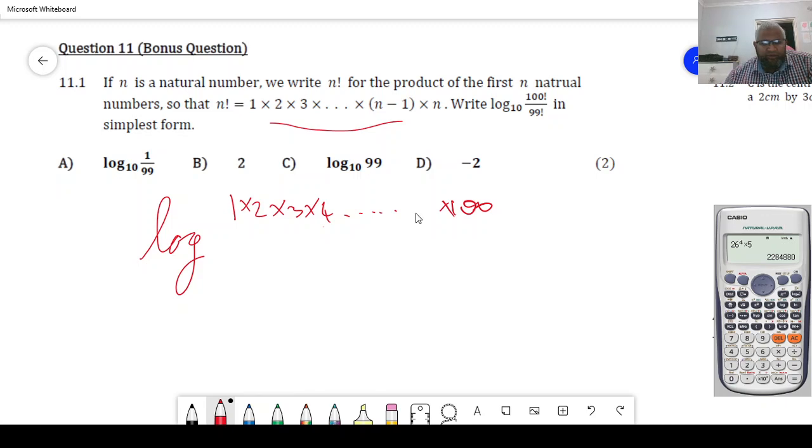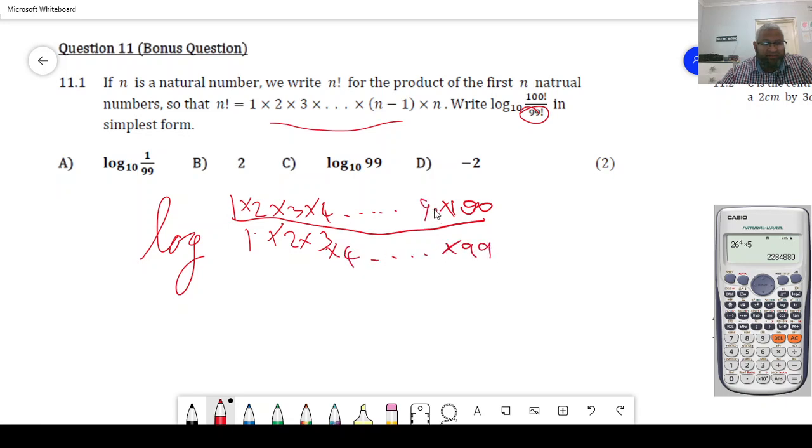Then over 99 factorial, which is going to be 1 times 2 times 3 times 4 all the way to 99.